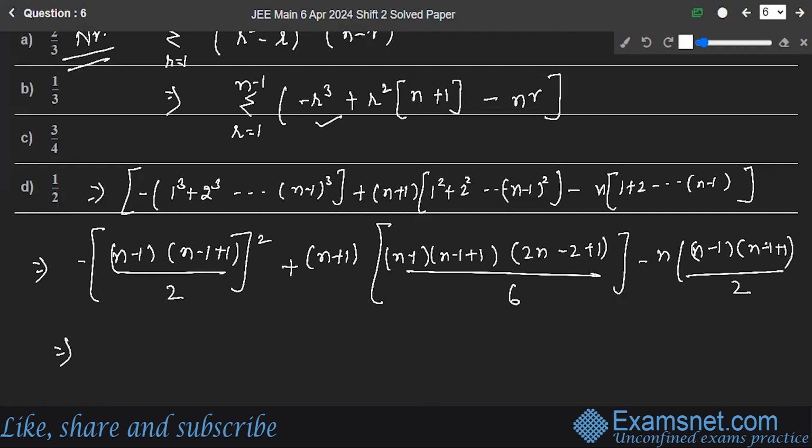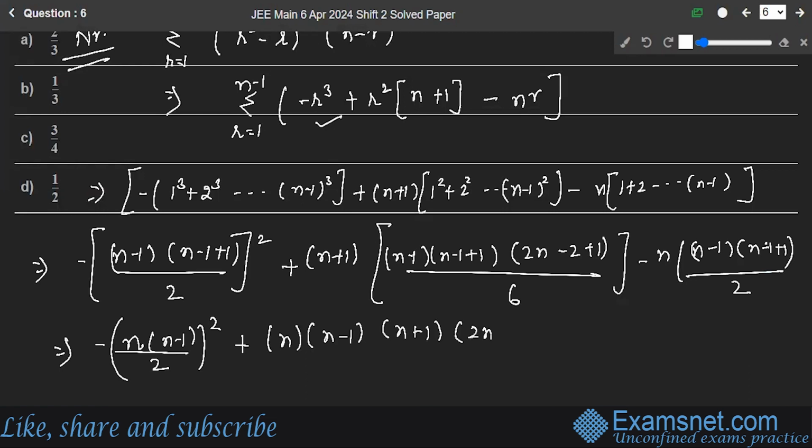This gives minus outside n into n minus 1 upon 2 whole square, plus n into n minus 1, n plus 1, 2n minus 1, whole divided by 6, minus n square into n minus 1 upon 2.